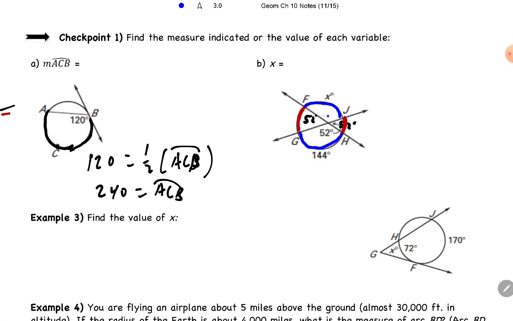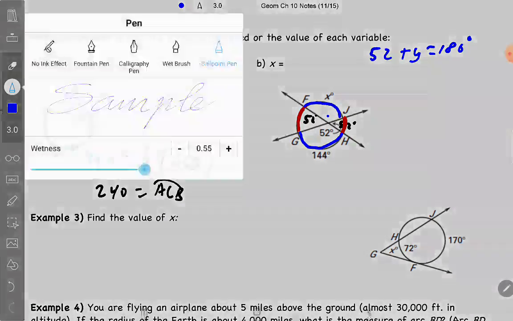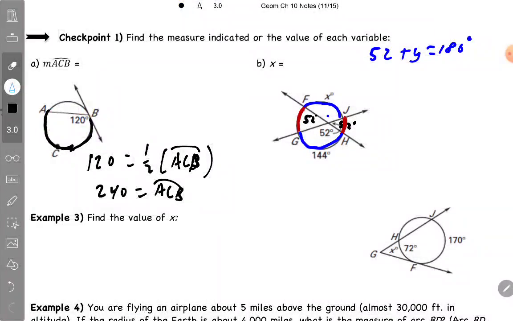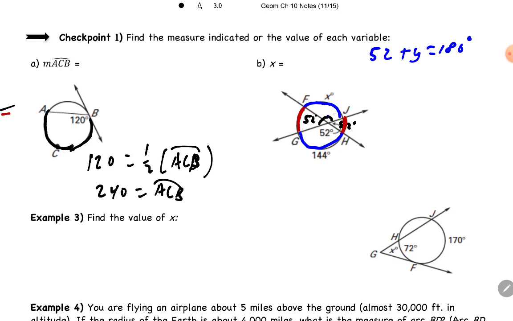So we need to figure out what that angle is. 52 plus, let's call this y, is equal to 180 degrees because they form a straight line here. So y is going to be 128.